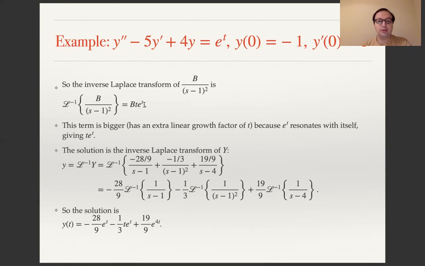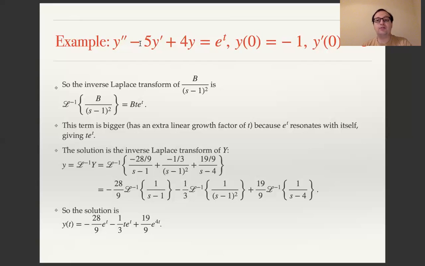So the resonance, what it does is that it gives us extra powers of t. So the source term e to the t on the right-hand side of the equation resonates with one of the modes of the equation, which is e to the t. So that is one of the solutions of the associated homogeneous equation. So that is one of the natural modes of the equation.